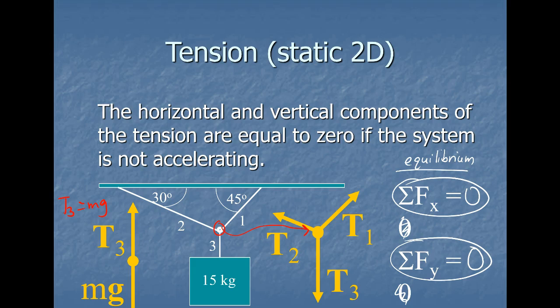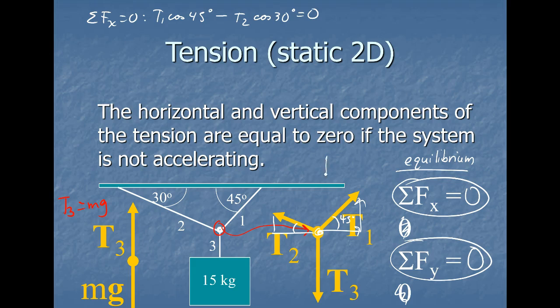And then what we could do is we could go through and solve and say something like, looking at this juncture right here, T1 has 2 components given by a 45-degree angle, and T2 has 2 components given by a 30-degree angle. And if the sum of the forces in the x direction are equal to 0, we could write that as T1 cosine 45 minus T2 cosine 30 is equal to 0.